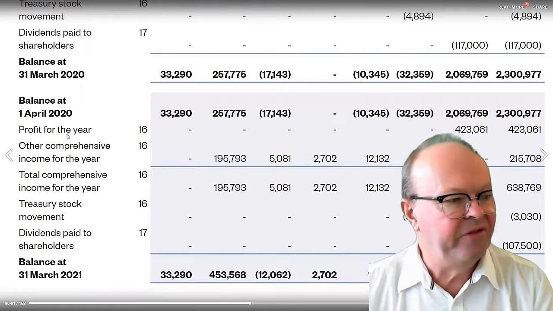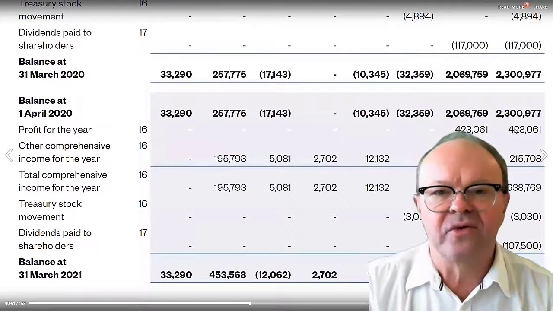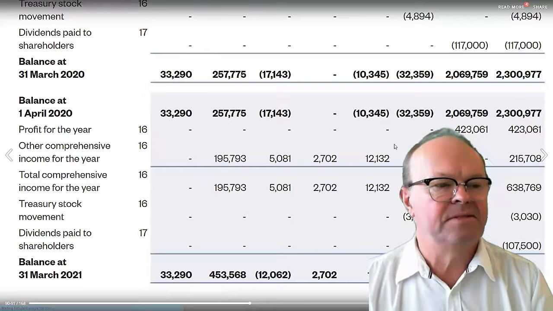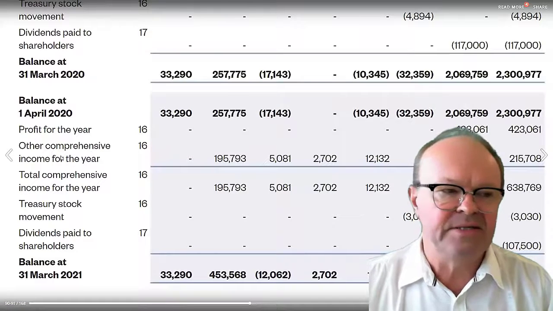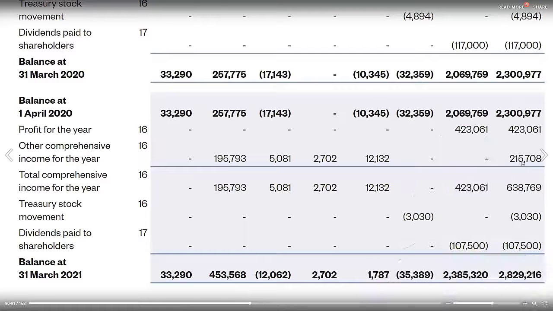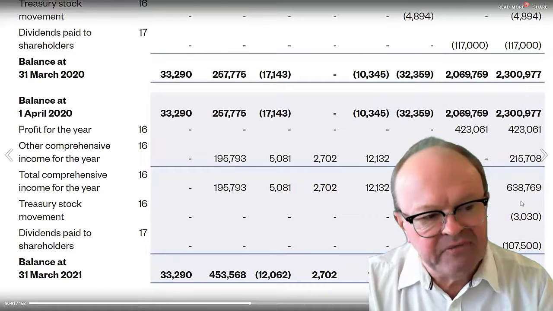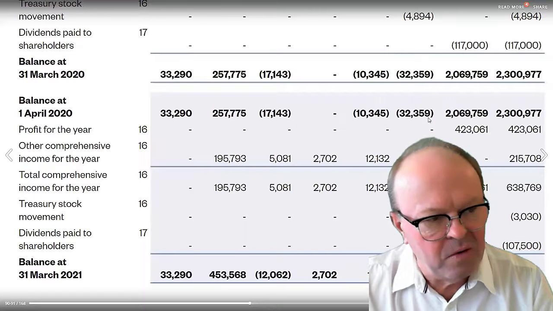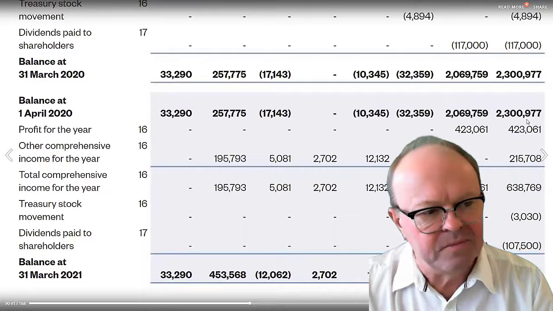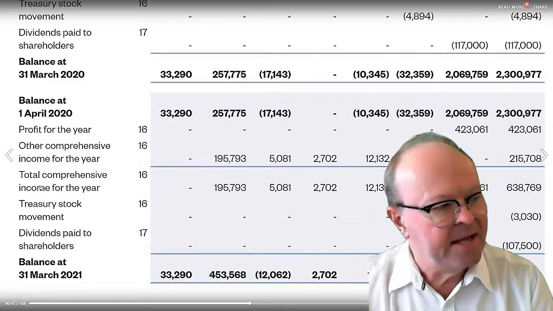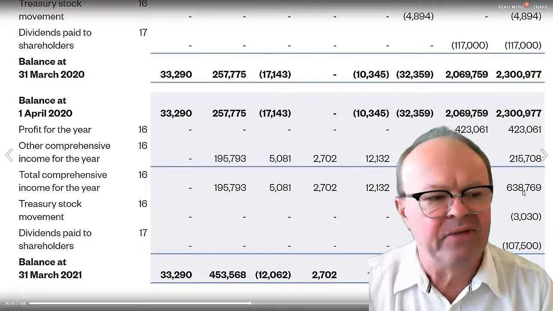So we show profit for the year, 423,061,000, plus the other comprehensive income for the year, 215,708,000. And you see how we're looking at the figures in the total column. We won't worry about the other columns, just the total column. And that gives the total comprehensive income for the year.